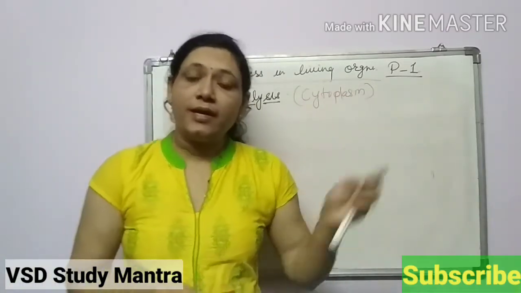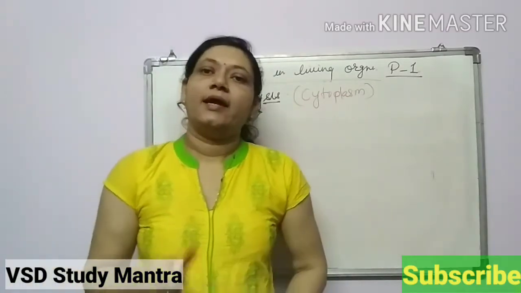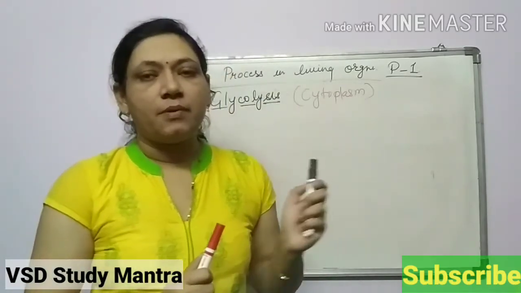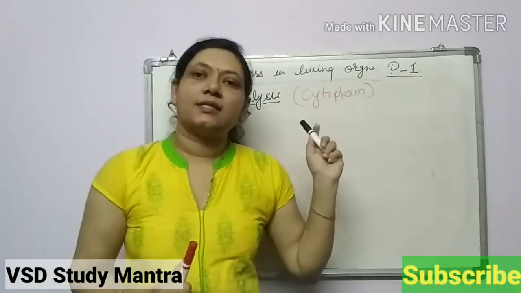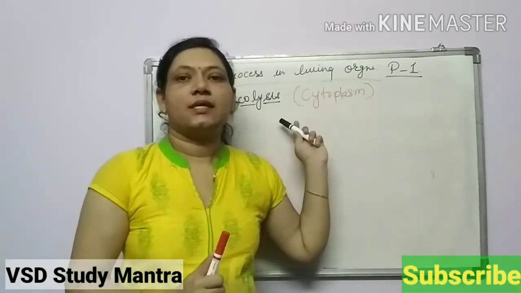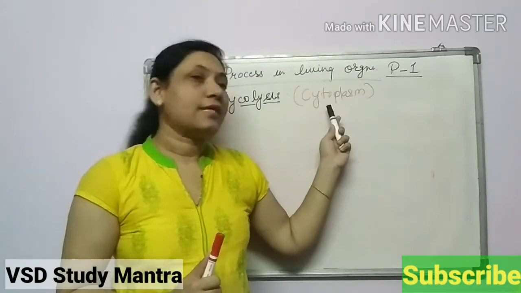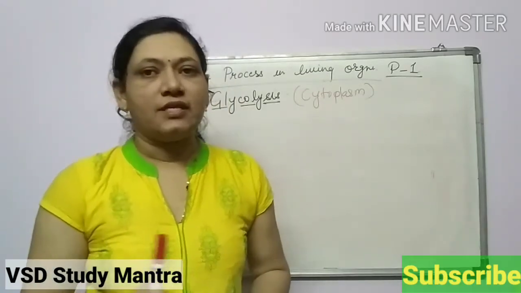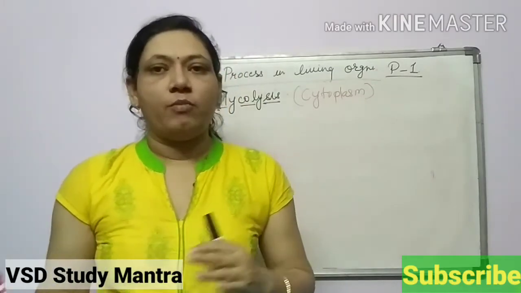It is also very important. It can be asked in the multiple choice questions. Where is glycolysis done? This process is done in the cytoplasm of a living cell. It is done in both the aerobic and anaerobic process.